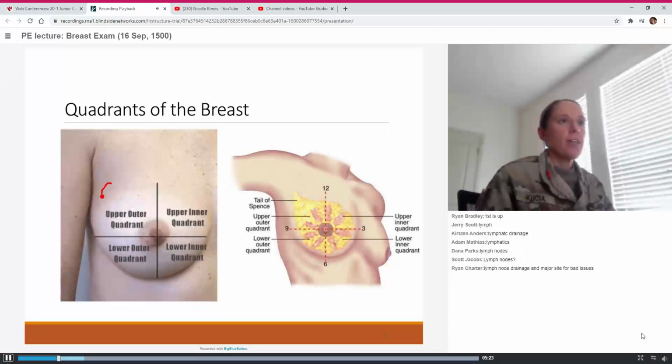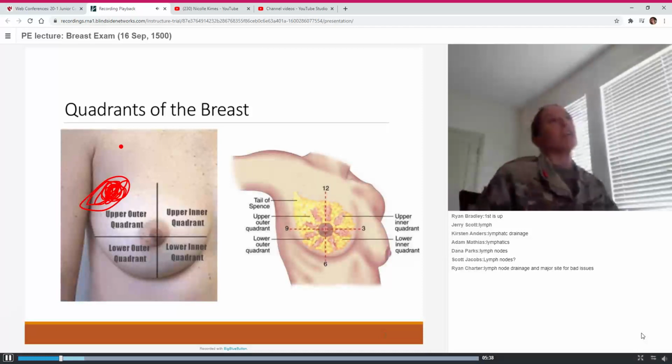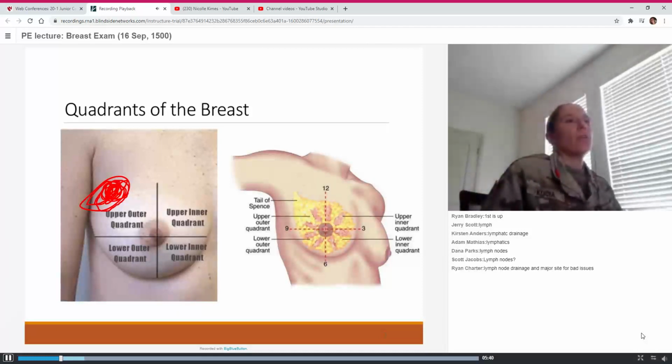Let's say that I find something abnormal in my exam. Do I just want to write in my note, like, breast mass? I found a breast mass, and now I'm done with the patient, right? How helpful is that to the radiologist or to the next person that I'm writing about? It's not.